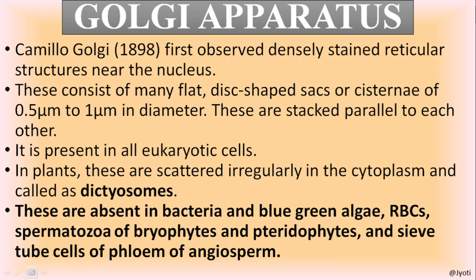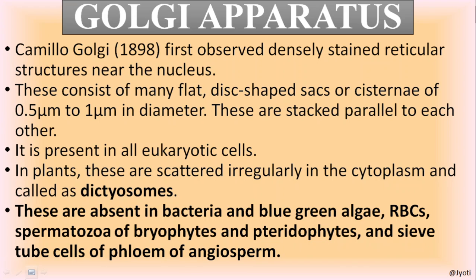The Golgi apparatus is present in all eukaryotic cells, but in plant cells its components are scattered and are called dictyosomes.